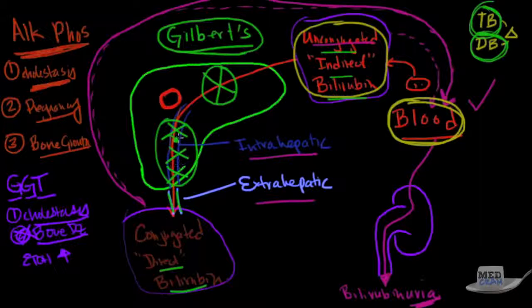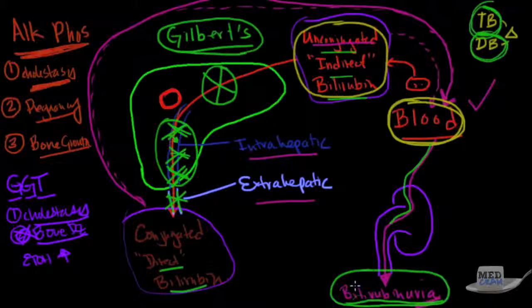That leads you to believe that there is some intrahepatic or extrahepatic obstruction causing this cholestatic jaundice. Because direct bilirubin is building up in the blood and is more water soluble, it's going to pass from the blood into the kidney and you're going to pick up bilirubinuria. That's another sign that you've got direct or conjugated bilirubin in the blood.